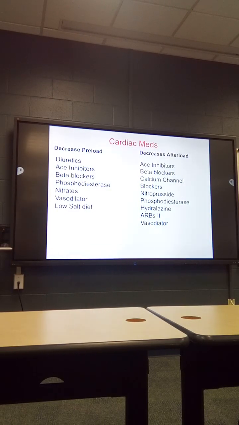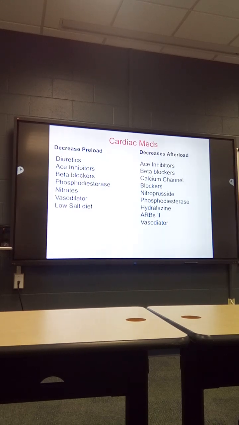Nitrates, we kind of talked about. I'm going to skip over the phosphodiesterase inhibitors. But nitrates, vasodilators, those dilate the vessel. That's why we have decreased preload, and they'll also be on decreased afterload.